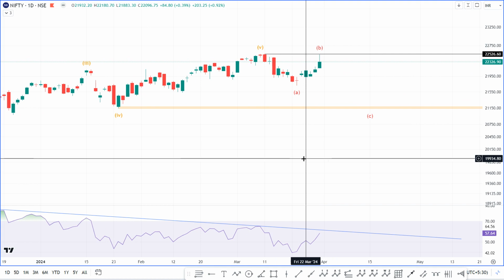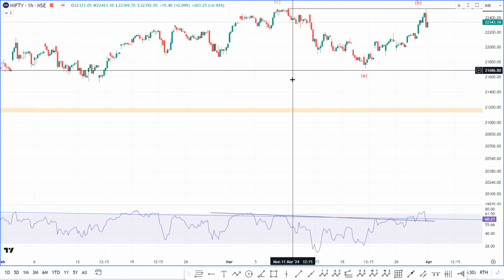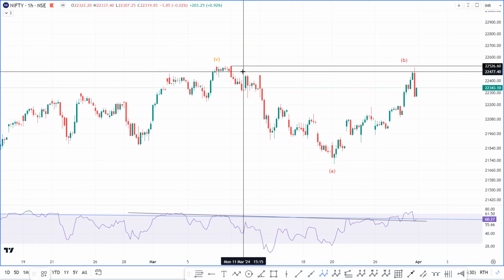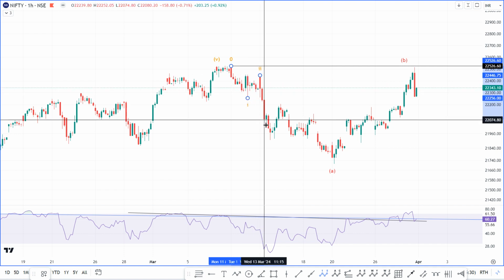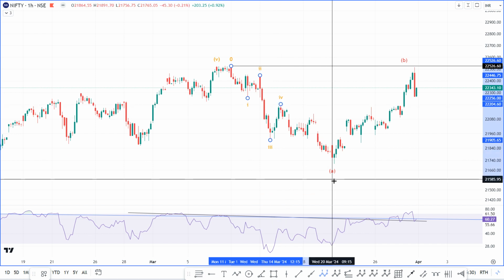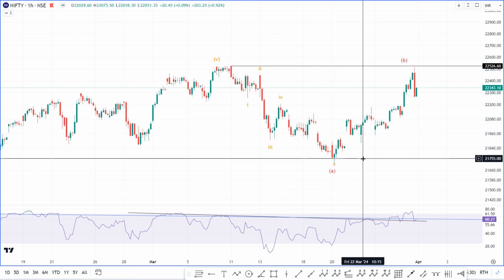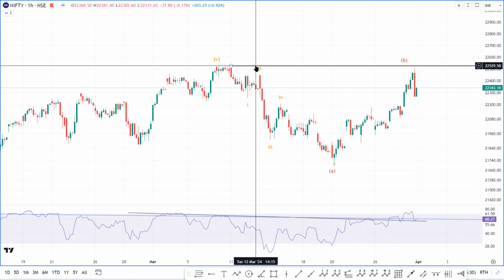Now this A wave has five sub waves in it. If we go on to an hourly time frame, we'll see this is the A wave over here. We can see that this A wave has five sub waves. This is the first, this is the second, this is the third wave, this is the fourth wave, and this is the fifth wave. So we can understand that the correction A wave has five sub waves.